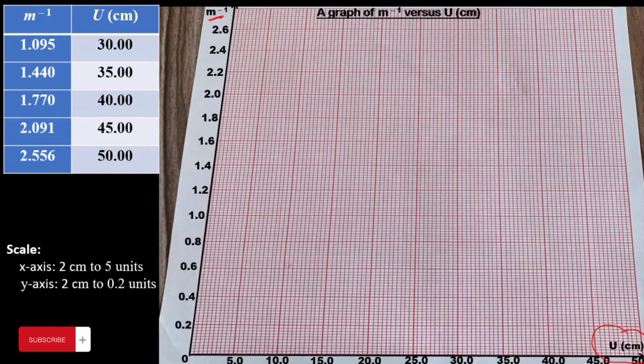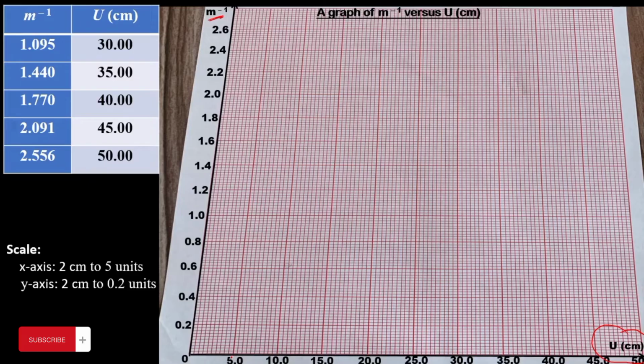Next up, we're going to find out what each small box stands for. We have said each big box along the horizontal axis represents 5 units. How about the small box? Now there are 10 small boxes within each big box. It means that if the value between 0 here and this is 5, if we have 5 units for each big box, each small box would be 5 divided by 10, because there are 10 small boxes between 0 and 5.